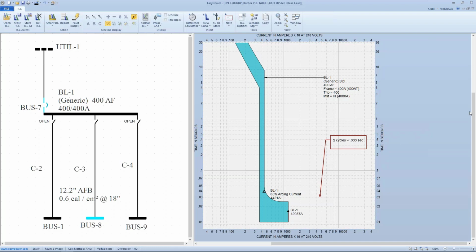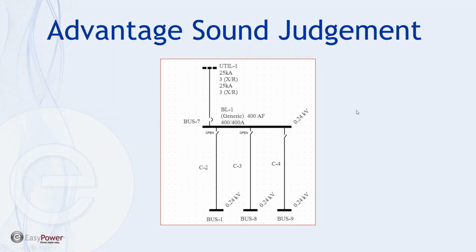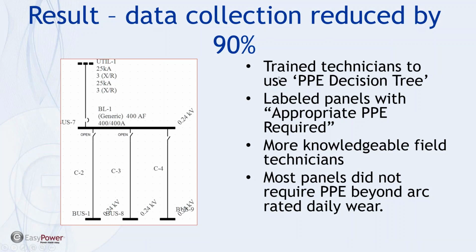What this facility engineer did was take a hard look at what his system actually consisted of, and as a result, he came up with a decision tree to train his technicians to look at what the available fault current was coming into the facility at the 240 volt level, and then be able to determine whether they needed additional PPE.